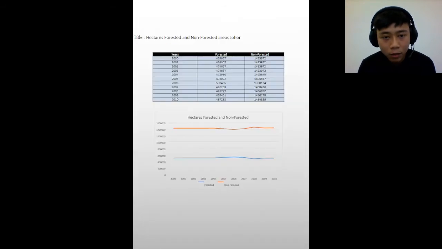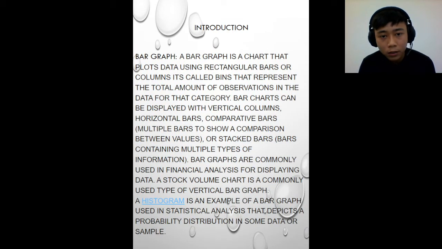A bar graph is a chart that plots data using rectangular bars or columns, called bins, that present the total amount of observation in the data for that category. Bar charts can be displayed with vertical columns, horizontal bars, comparative bars, multiple bars to show a comparison between values, or stack bars containing multiple types of information.